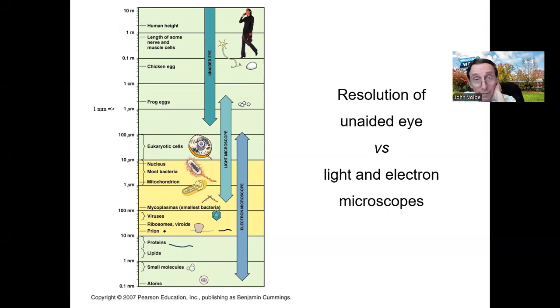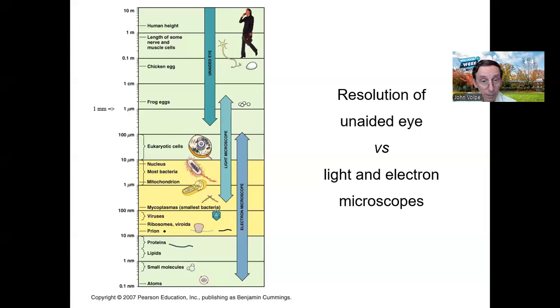Frog eggs is about the smallest thing we can see with our naked eyes. Below the size of a frog egg, you really need to have a light microscope, which is a eukaryote cell size, and then a bacteria size. Smaller than that is the virus. Smaller than a virus is a large molecule like a protein.